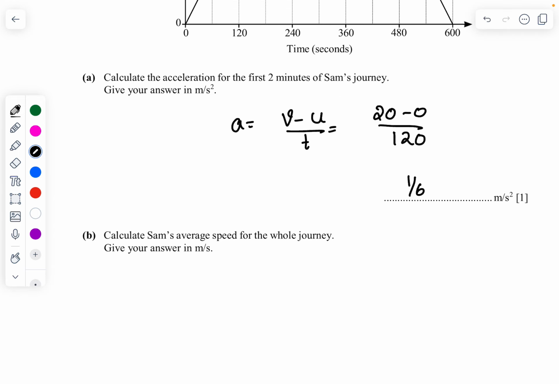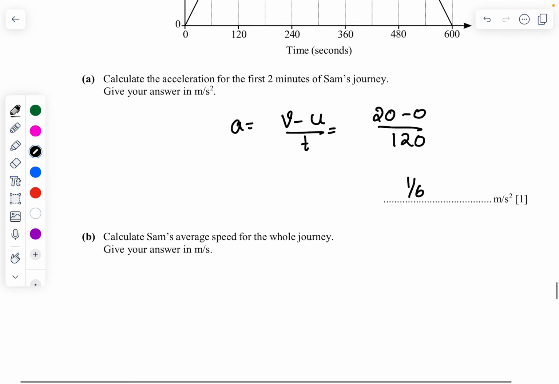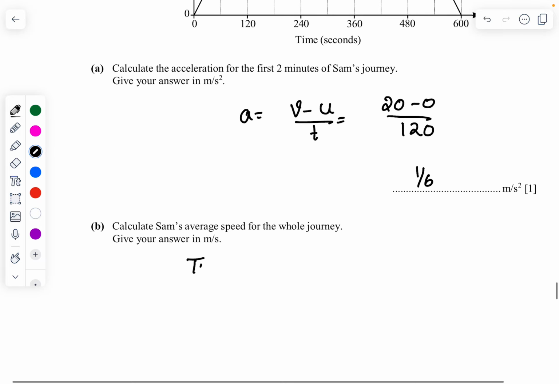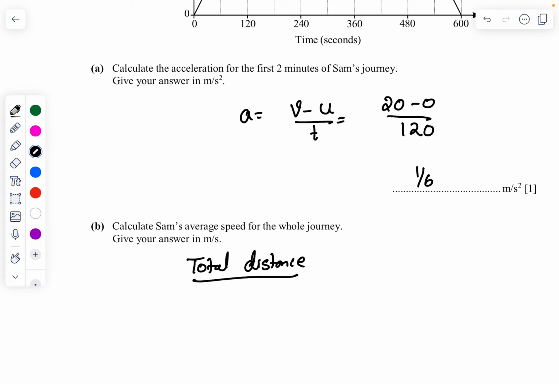Calculate Sam's average speed. Average speed is total distance by total time.